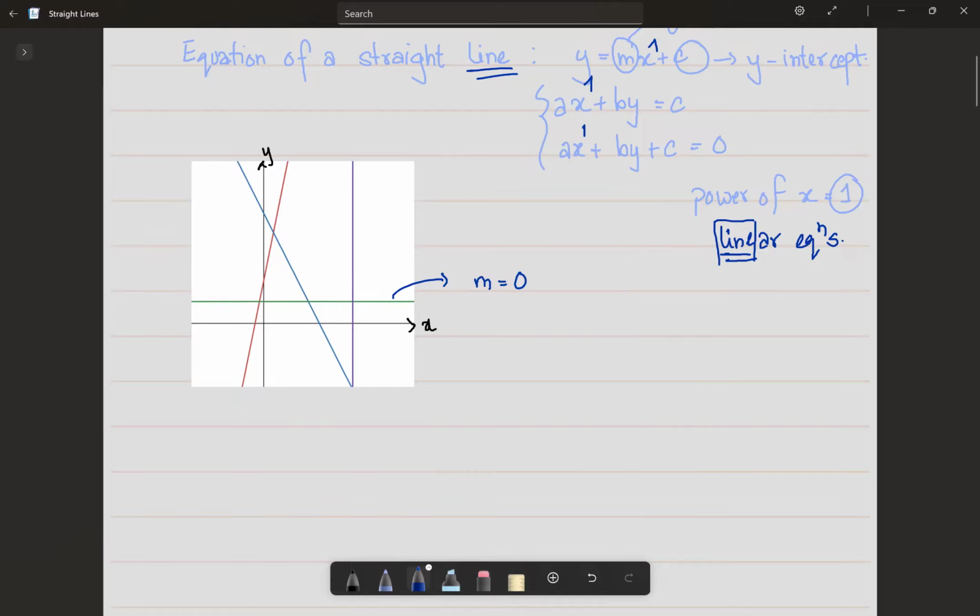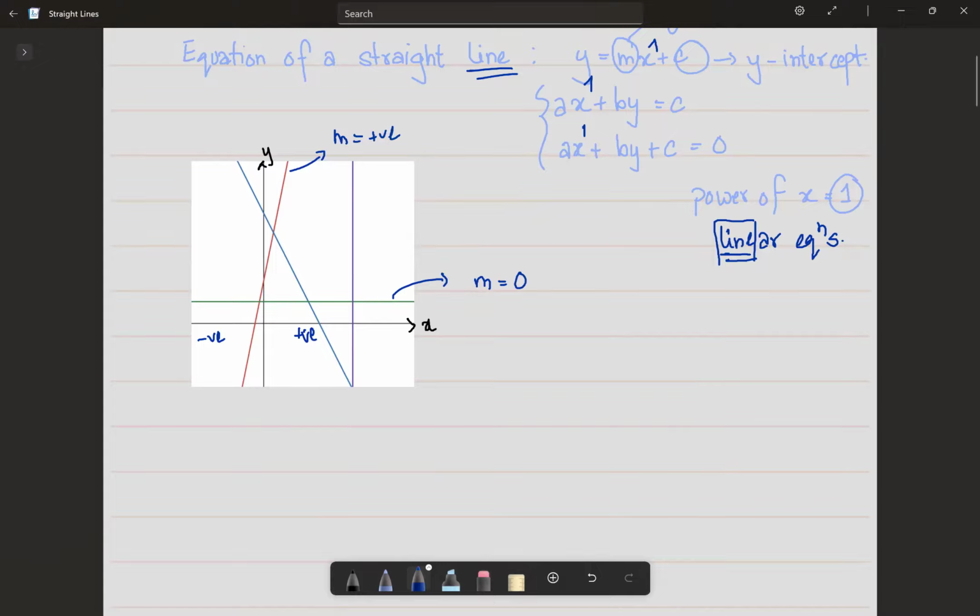If we take a look at this red line, we can see that there is some steepness, and as these are the axes, we know that here we have the negative numbers and here we have all the positive numbers. If we go from left to right, we can see that this is an upward sloping line. For an upward sloping line, our gradient is always positive.